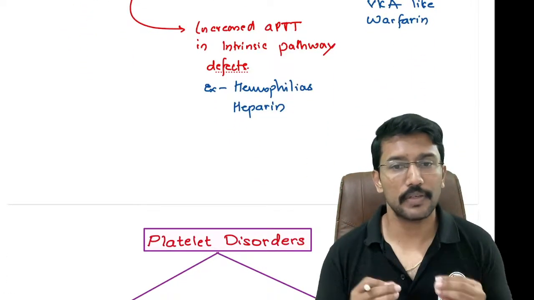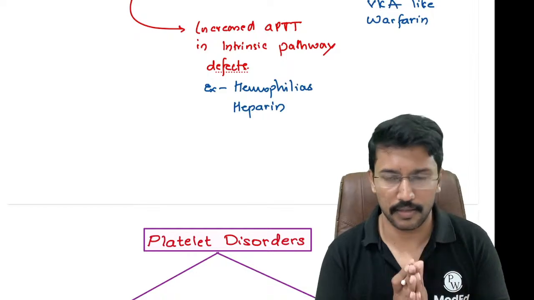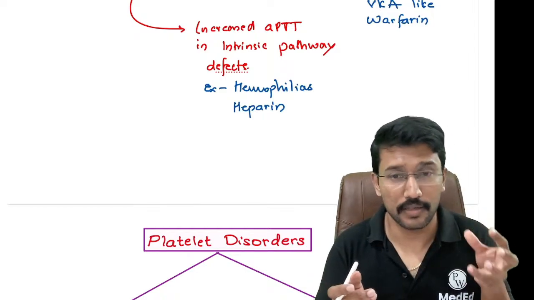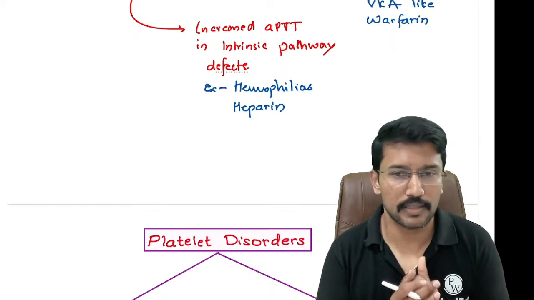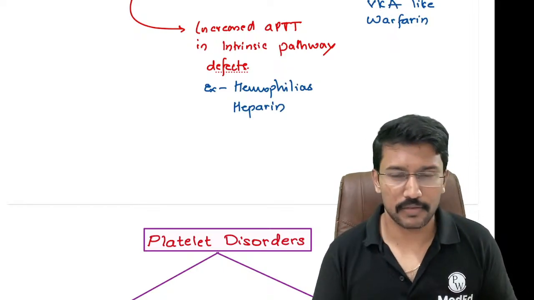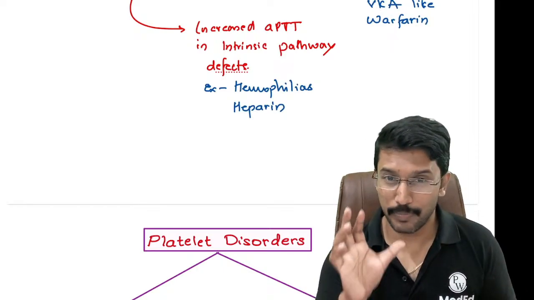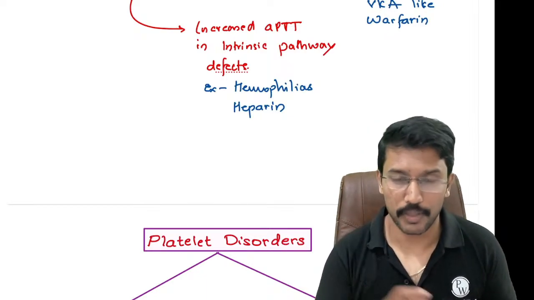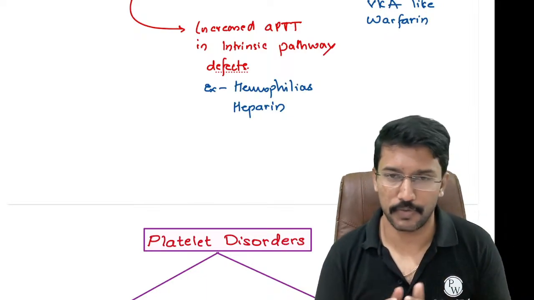So what we do is, whenever someone presents with an unusual bleeding tendency, clinically we will try to distinguish whether the problem is in the platelets or the coagulation cascade. How do I understand? When there are pinpoint bleeds, that is petechiae, or bleeding from superficial cuts immediately after the trauma, that is all pointing towards platelet dysfunction.